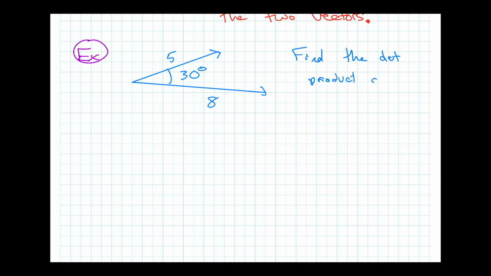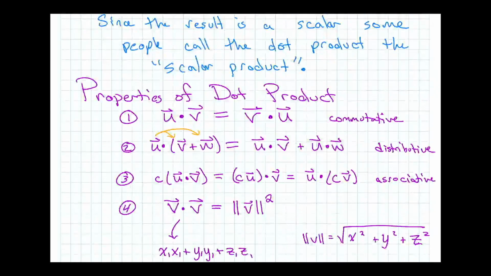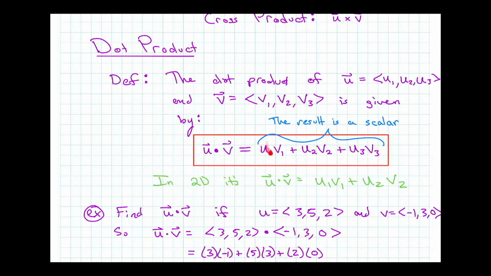Find the dot product of u and v, and I'm going to write that on the graph. So this is u, and this is v. It turns out that you can't do it without this formula. How are you going to use the component formula here?